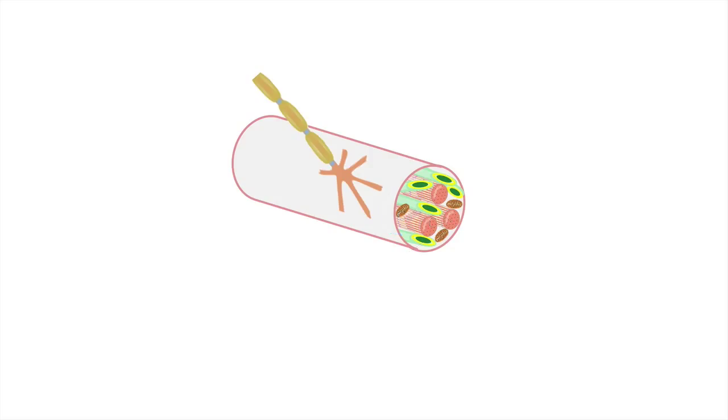So, when the motor neuron stimulates the muscle fiber, calcium ions are released by the sarcoplasmic reticulum and move into the sarcomeres, attach to the troponin, and using more ATP energy enable the cross bridges to form, resulting in contraction. And it can happen over and over again. Well, all of what I just discussed is how a muscle fiber contracts. In the next section, I'll go over how a muscle relaxes.